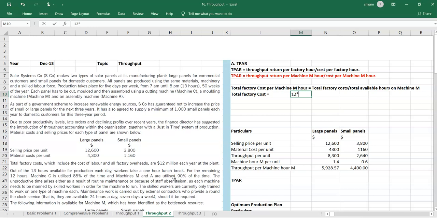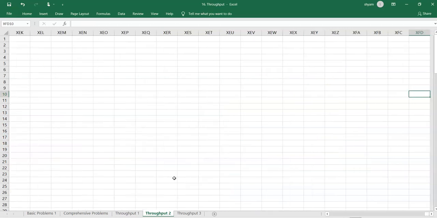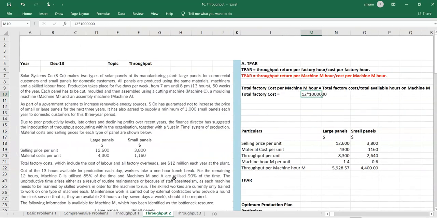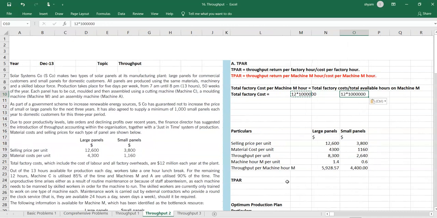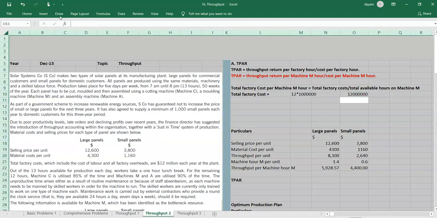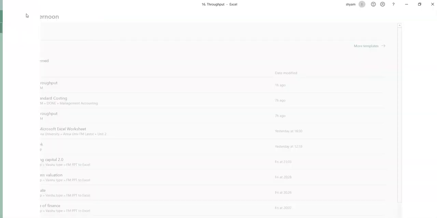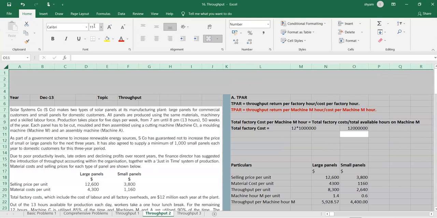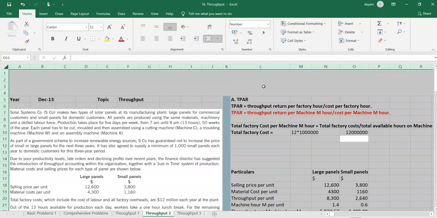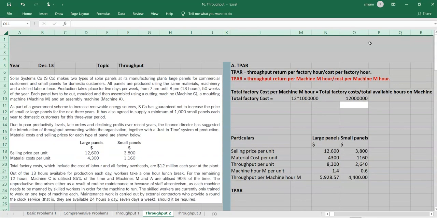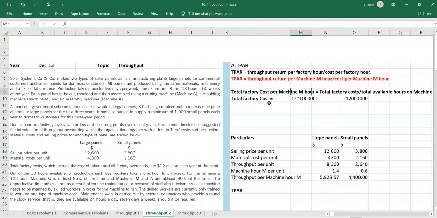So 12 into million and we have to get the hours.